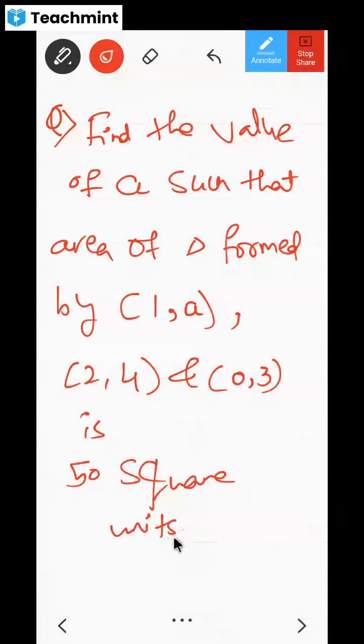This is the question. I mean, 1 comma a, 2 comma 4 and 0 comma 3 are the coordinates of the vertices of the triangle. Now the triangle is having area 50 square units. So if I want that triangle to have an area of 50 square units, what should be the value of this a they are asking?